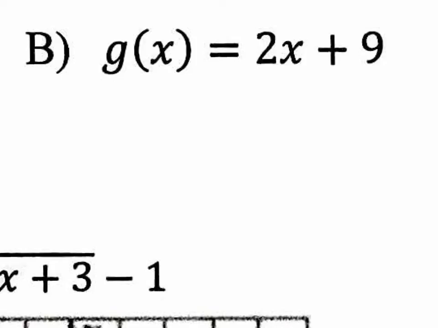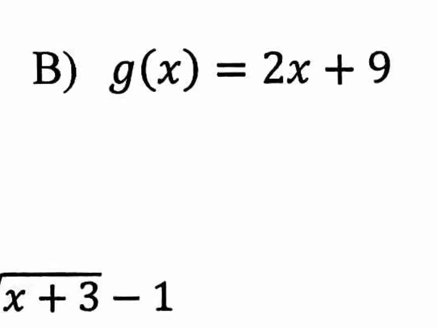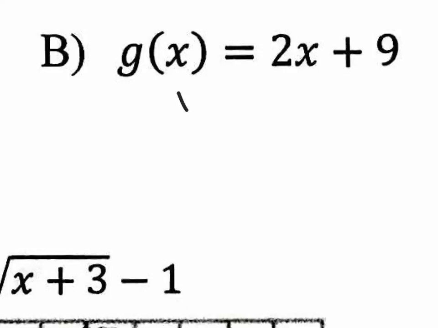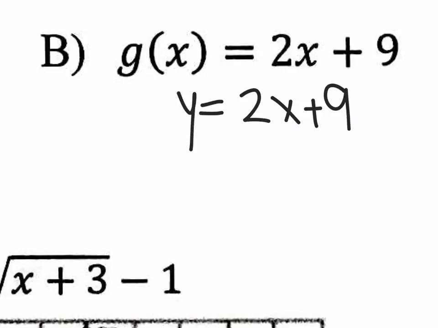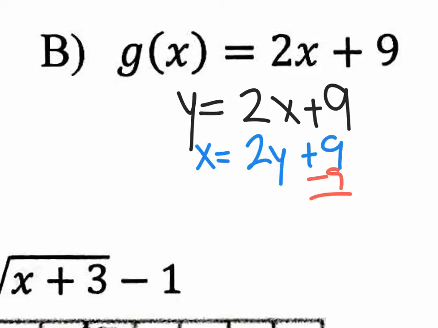So on B, you're going to do the same thing. Instead of g of x, let's just call it y. So let's say y equals 2x plus 9. We're going to switch x and y, so that's going to be x equals 2y plus 9. And then we're going to solve for y, subtracting 9, subtracting 9. We're going to end up with x minus 9 equals 2y.